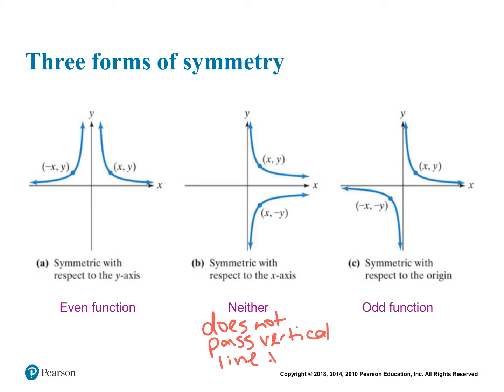So it is not a function at all. And then letter C, this is symmetric with respect to the origin. So if you thought of a diagonal drawn here, you can see it got reflected over a diagonal, so that makes it an odd function.